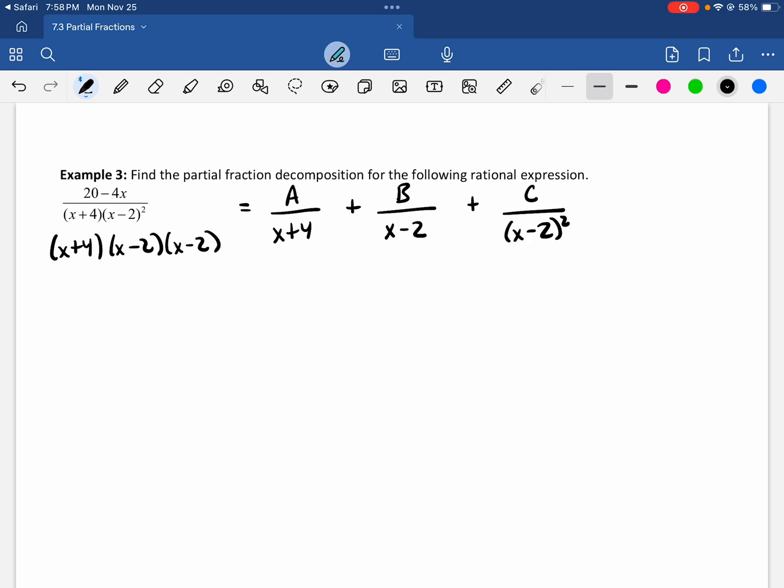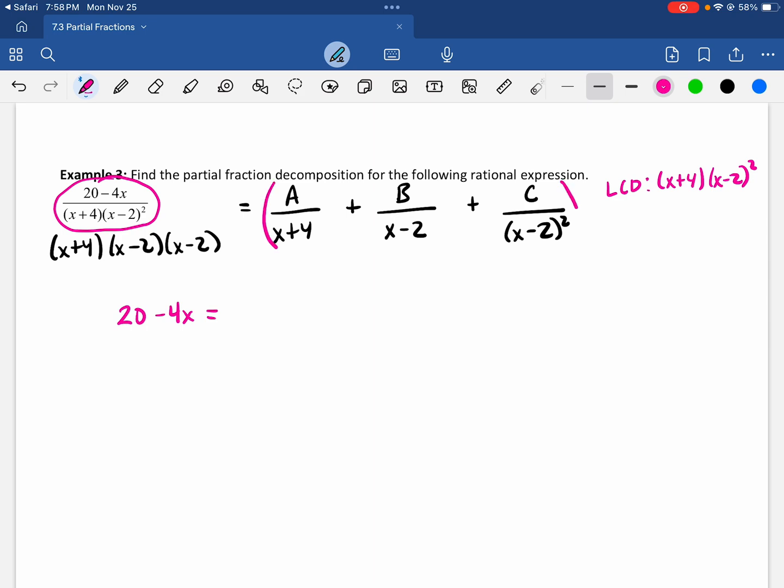Once we figured that out, we've decided that it's got to be three rational expressions added together. Now we're going to multiply both sides by that LCD. The LCD in this case is just x plus 4 and x minus 2 squared. When I do it on the left-hand side, it's just going to leave us with that numerator, because the whole denominator is going to cancel out.